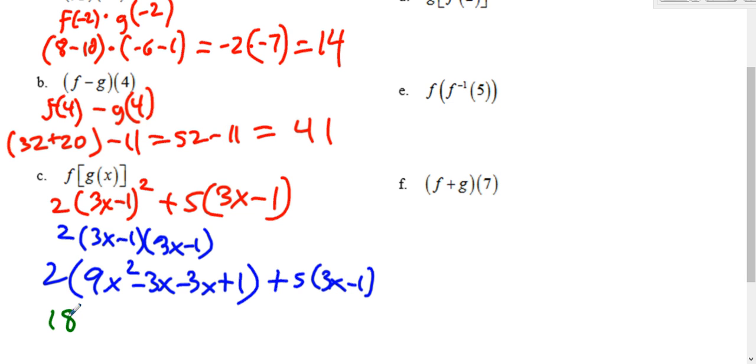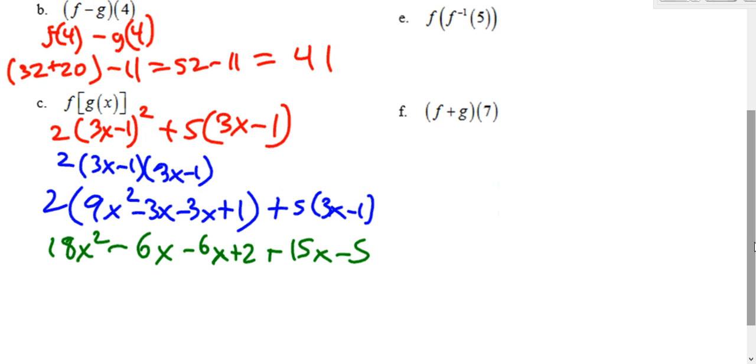So that's 18x squared minus 6x plus 2 plus 15x minus 5. And then combine like terms. -6x plus 15x, that's 3x. And then 2 minus 5 is -3.